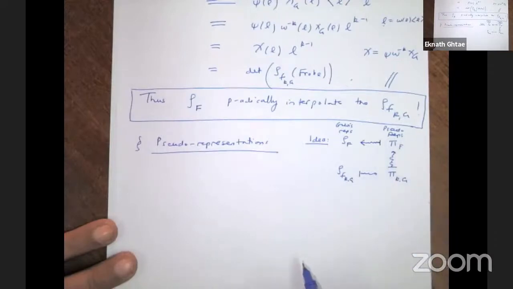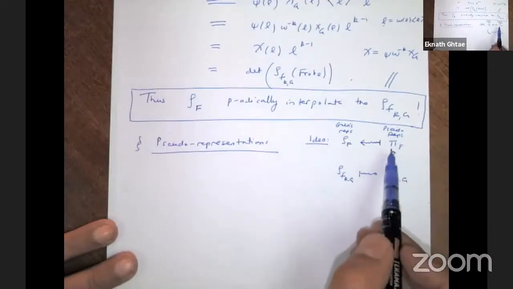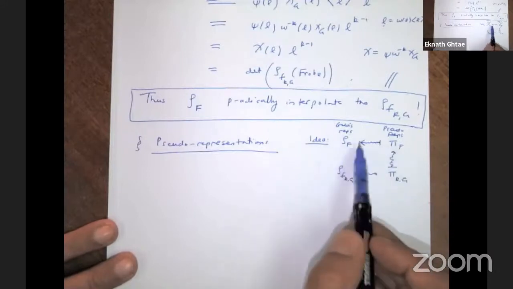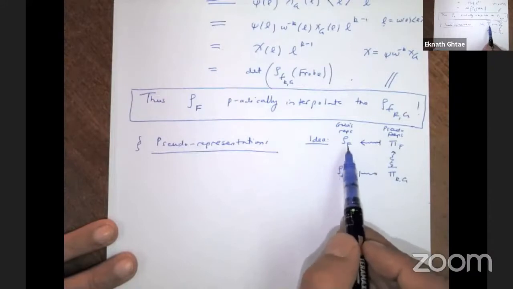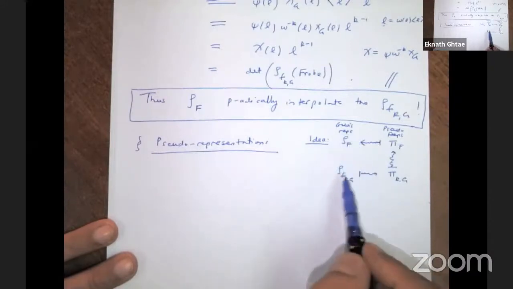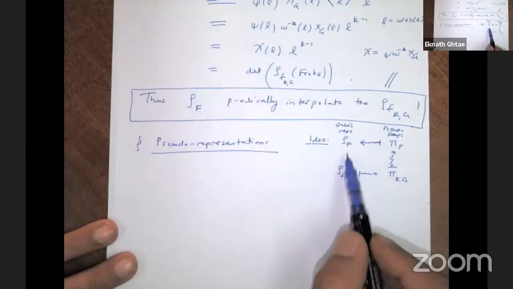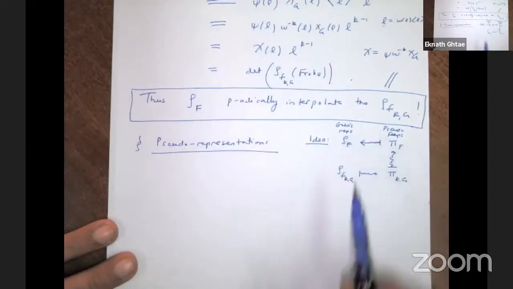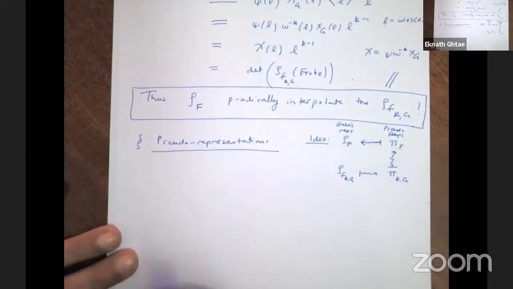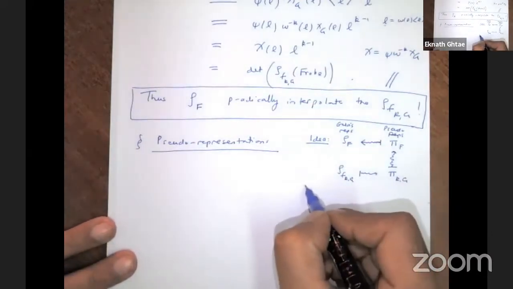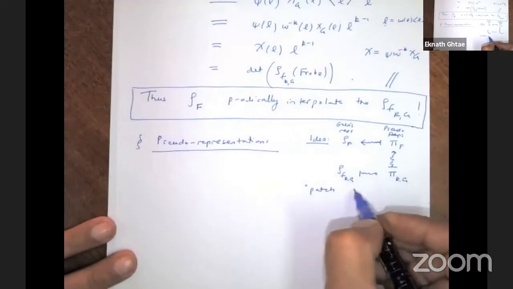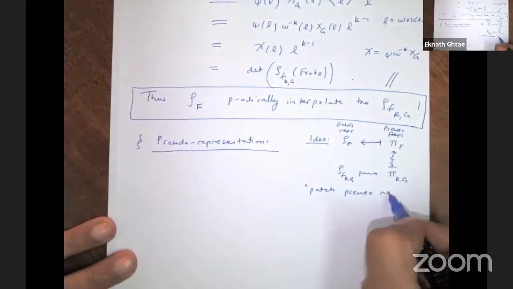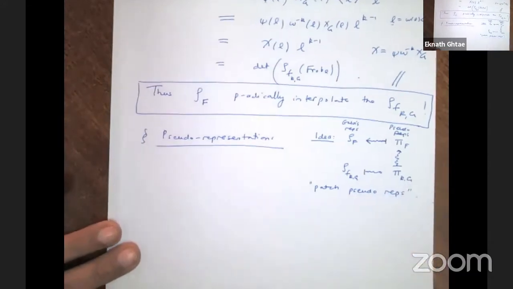Once you patch together the pseudo representations, you have to ask yourself whether it really comes from a genuine Galois representation as the trace and determinant of a genuine Galois representation, and it indeed does. And then you can check that this interpolates. So this is the indirect way in which you do this vertical arrow here, going up. You go around this direction of the square. So the whole idea can be reduced to patching pseudo representations. Okay, and that's why we introduce pseudo representations.